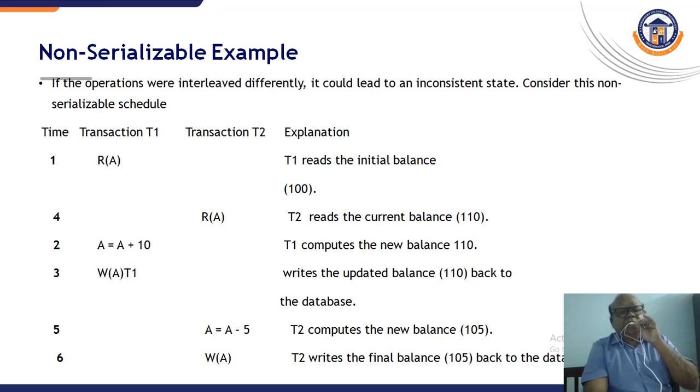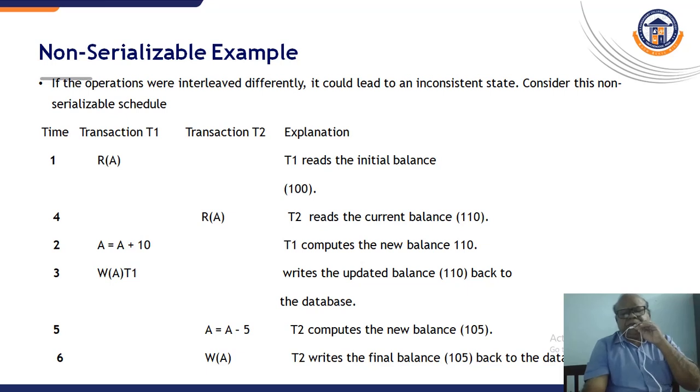This is the non-serializable schedule. A non-serializable schedule will have interleaved operations: reading performed in T1 first, then reading performed in T2, and then operations of T1, and then operations of T2, like interleaving. So in this case you should be very careful that inconsistency prevails.